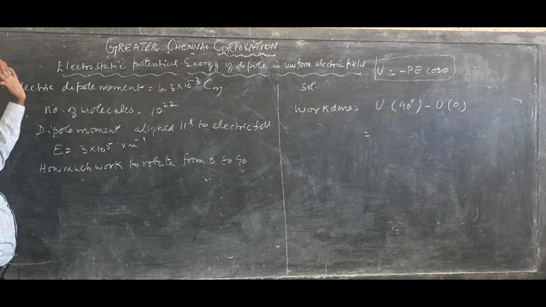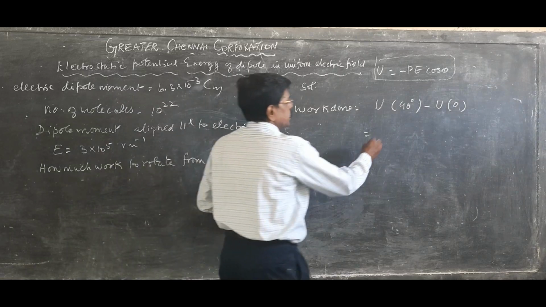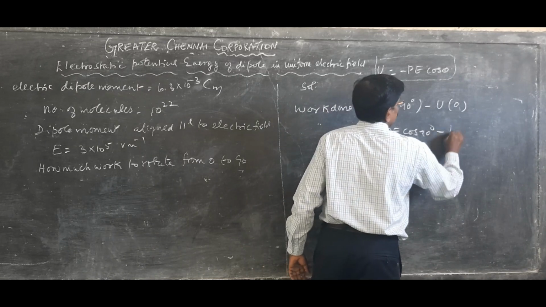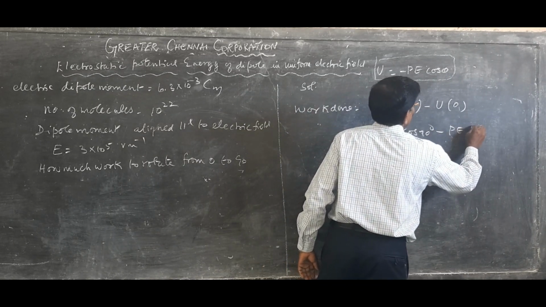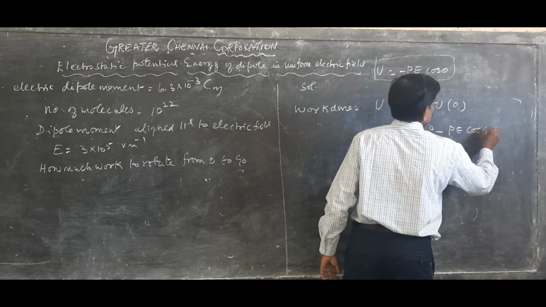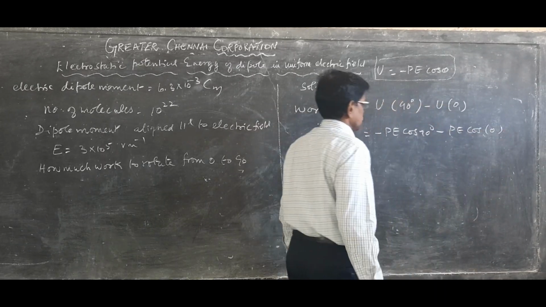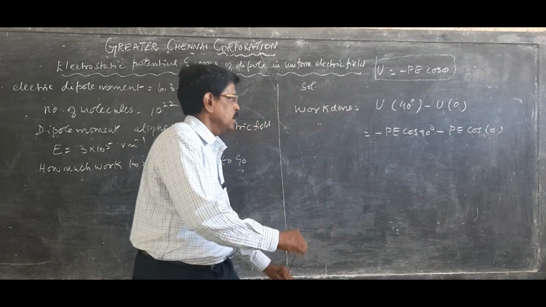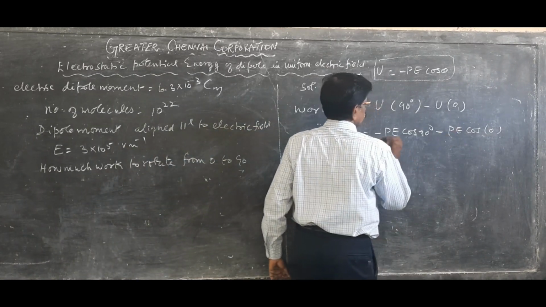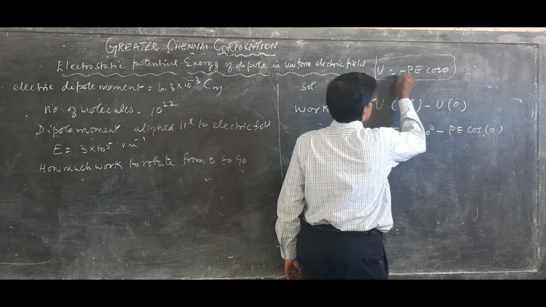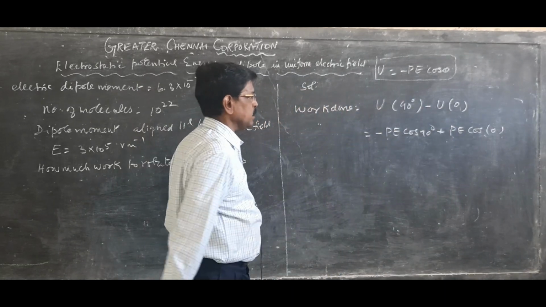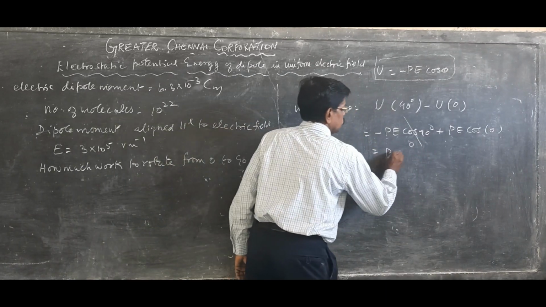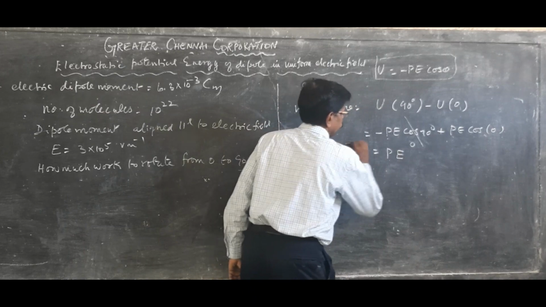The final is 90 degree, the initial is 0, so substitute: minus PE cos 90 minus, minus PE cos 0. The value of cos 0 is 1. So minus and minus becomes plus, and the cos 90 term goes off because cos 90 is 0. The formula is PE alone. This is the work done formula.